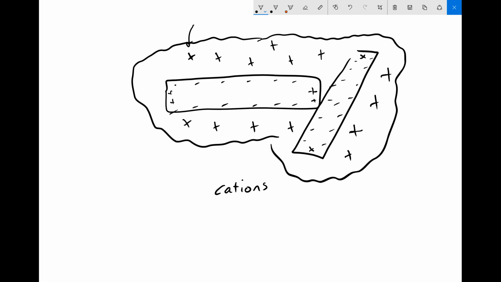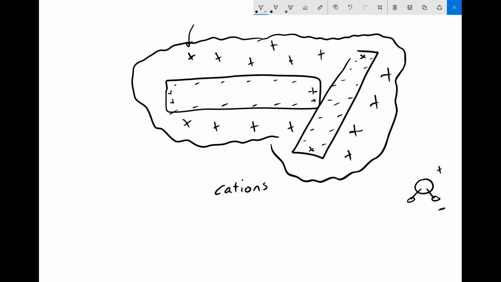And one very important element that's coming in here is water. Water is interesting because water looks like this, H2O. Water has the unique property of being what we call a dipole, meaning that half of it is negative and the other half of it is positive.